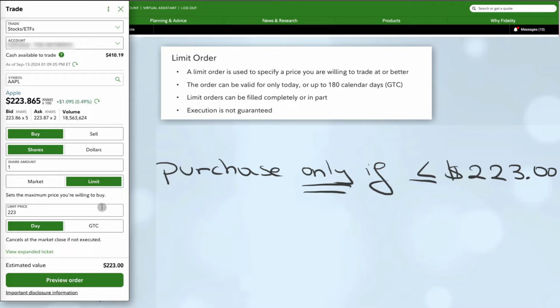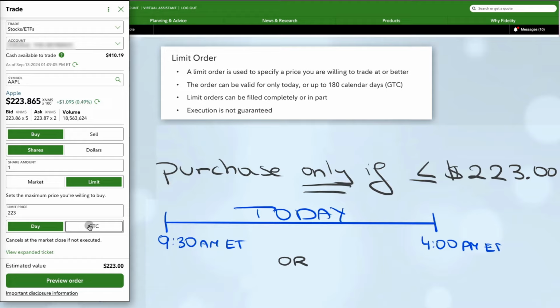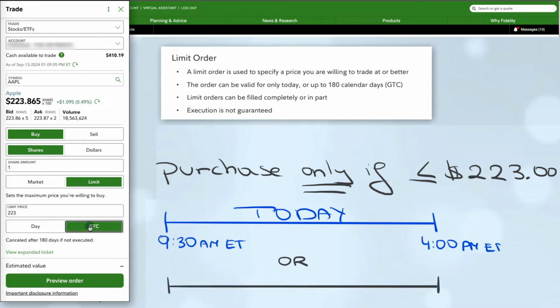With limit orders, I also have to choose if I want the order to cancel at the market close if it's not executed, which is the day option, or I can choose the GTC, meaning good till canceled, which lasts for 180 days in hopes of finding a seller at that price during that time.